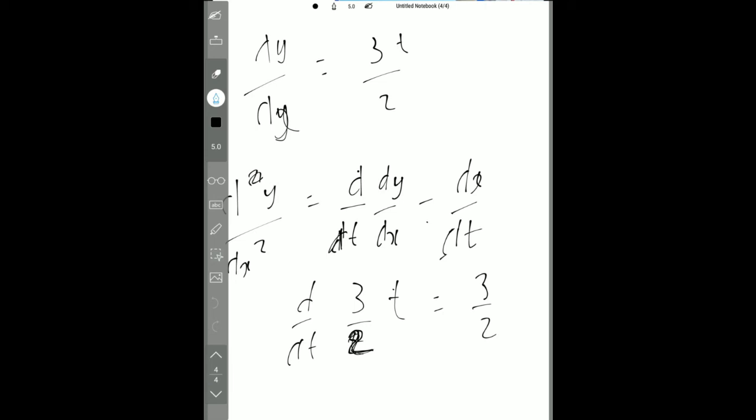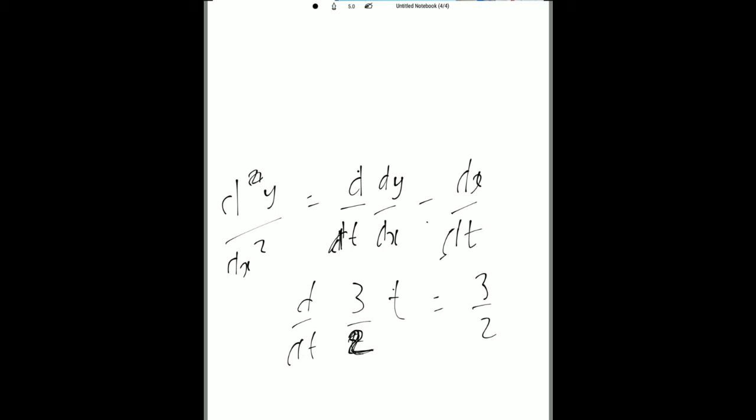So to find the second derivative, we have to divide the derivative of dy by dx, which is 3 over 2, by dx by dt, which, as we said before, is 2t. And what's that equal to? That's equal to 3 over 4t. In other words, the first derivative is 3t over 2, but the second derivative of this parametric equation is 3 over 4t.